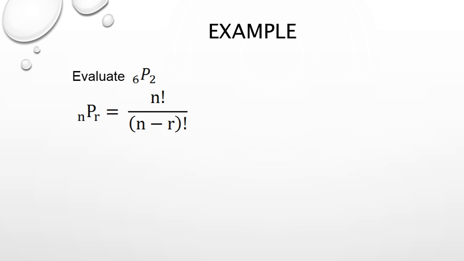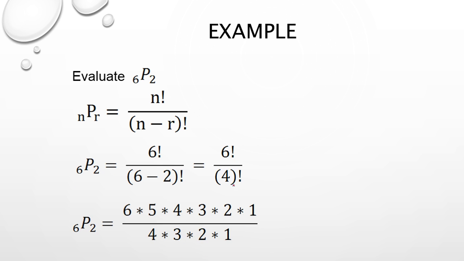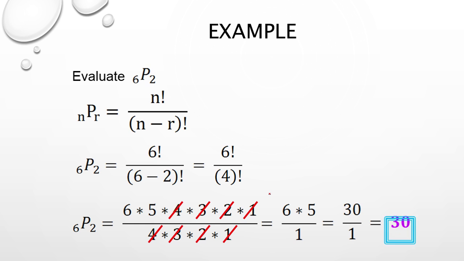We plug in 6 where the n is, and plug in 2 where the r is. We can simplify that to 6 factorial over 4 factorial. We can write down all the numbers like that, and then start crossing out all numbers we have in common, top and bottom. When we do that, it simplifies to 30 only.